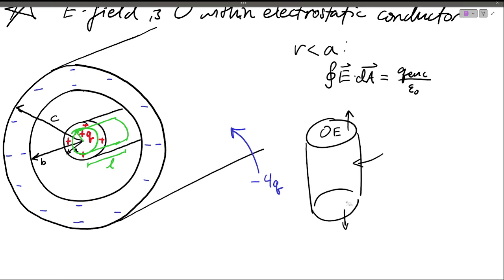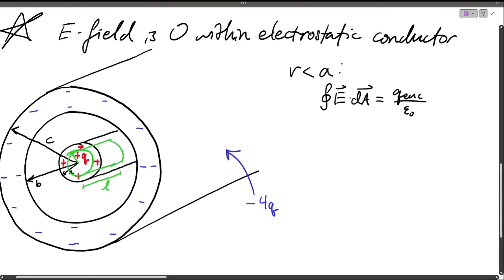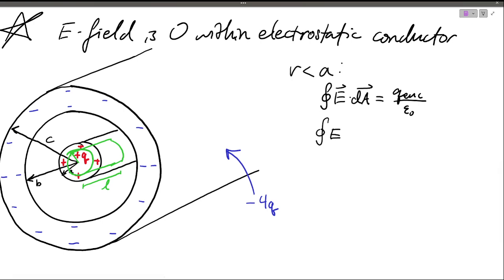And then from there, we can do a similar simplification to what we did above. The dot product goes away because the E field is pointing directly out of the cylinder. And then the E comes out because we know it will be symmetrical at any point on the cylinder.